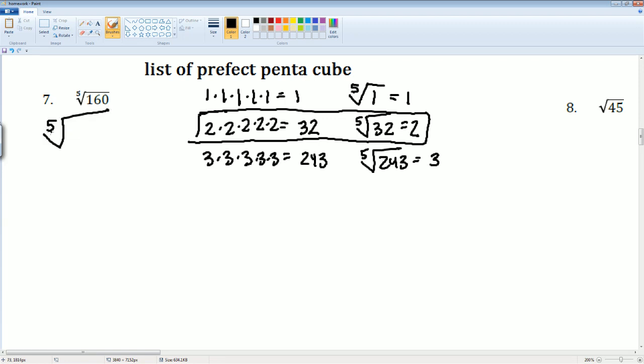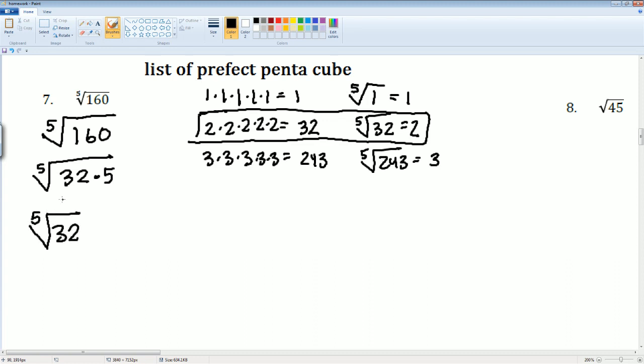The pentacube of 160 can be broken down into what? 32 times 5. So break this down. The pentacube of 32, this is the first part, times the pentacube of 5.